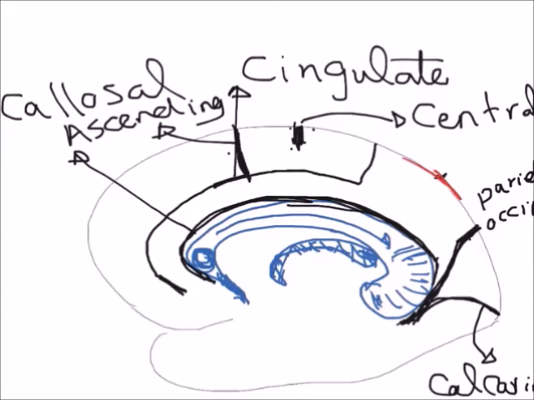This fornix lies just below the corpus callosum, and we have a septum extending between the fornix and the corpus callosum. This septum here is called the septum lucidum.